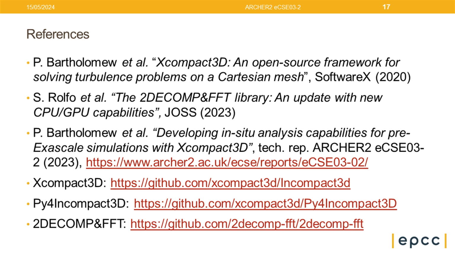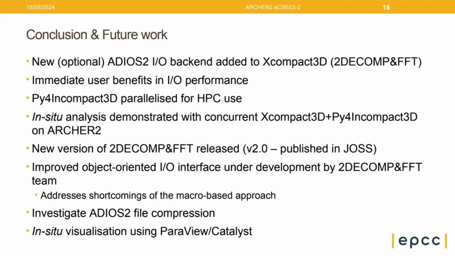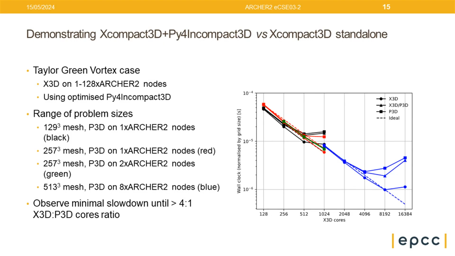However, what I didn't mention was that because of the way that the Slurm submissions worked, or at least the way that I'd written them, on a given node you'd be running either Xcompact3D or Python Xcompact3D. So there was inherently some network communication there. Certainly, if you could put them both on the same node, I think that would be beneficial. But that would be something further to investigate.